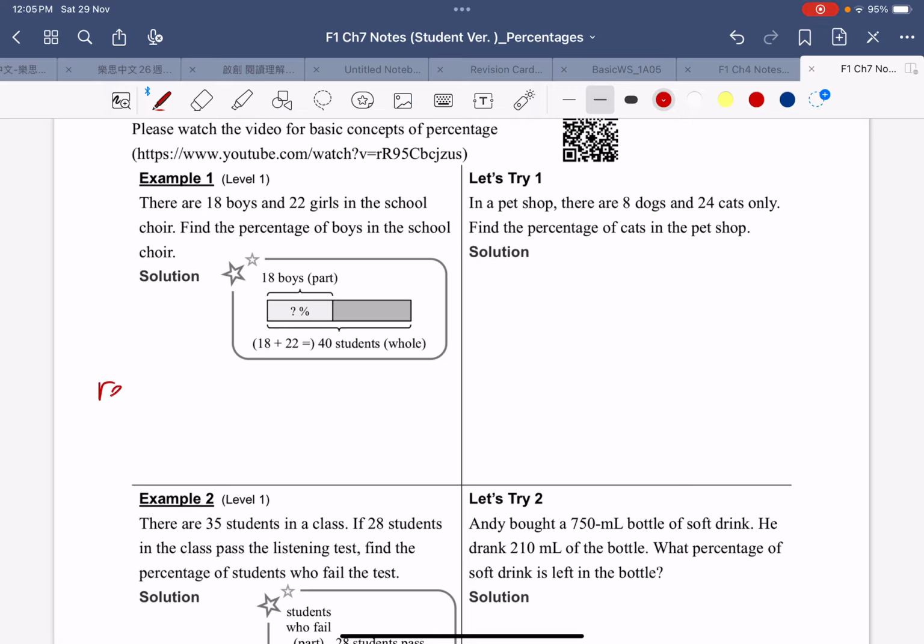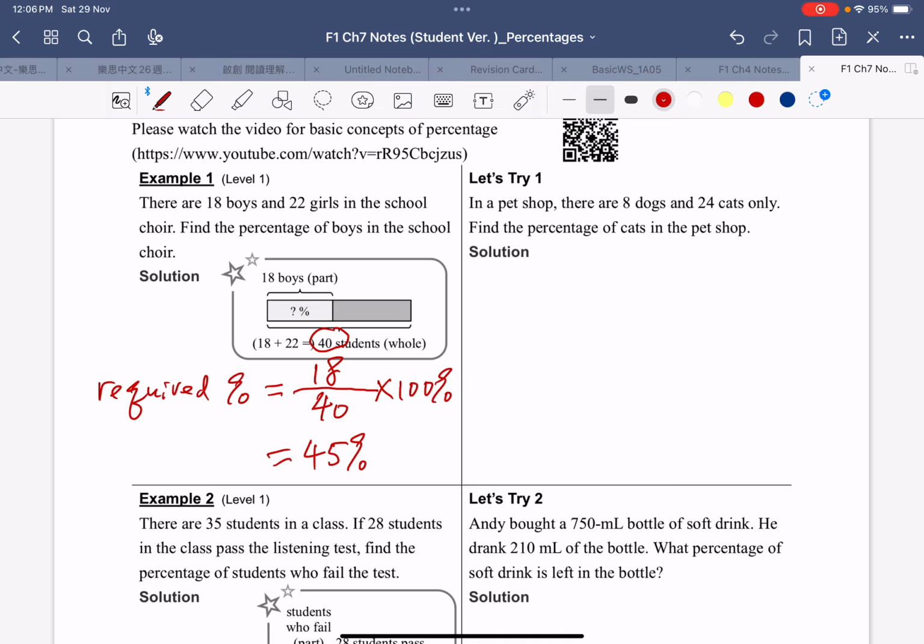So the required percentage is the part, 18, divided by the whole number. Divided by how many? Should be this number, right? 40 times 100%. We calculate that, we get 45%. So 45% of the choir are boys.